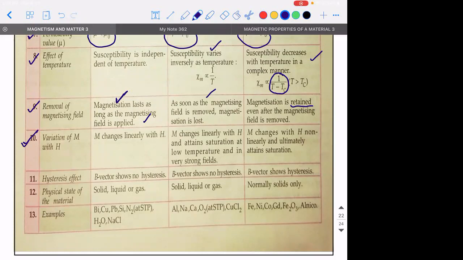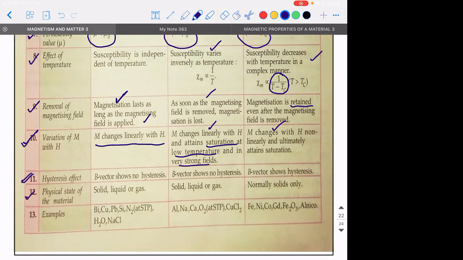So for a diamagnetic substance, magnetization changes linearly with H. For a paramagnetic substance, magnetization changes linearly with H, and it will attain saturation at low temperature and in very strong fields. In the presence of a very strong field, magnetization will attain saturation. Whereas in the case of a ferromagnetic substance, M and H will vary non-linearly. This hysteresis effect, I'll explain tomorrow.